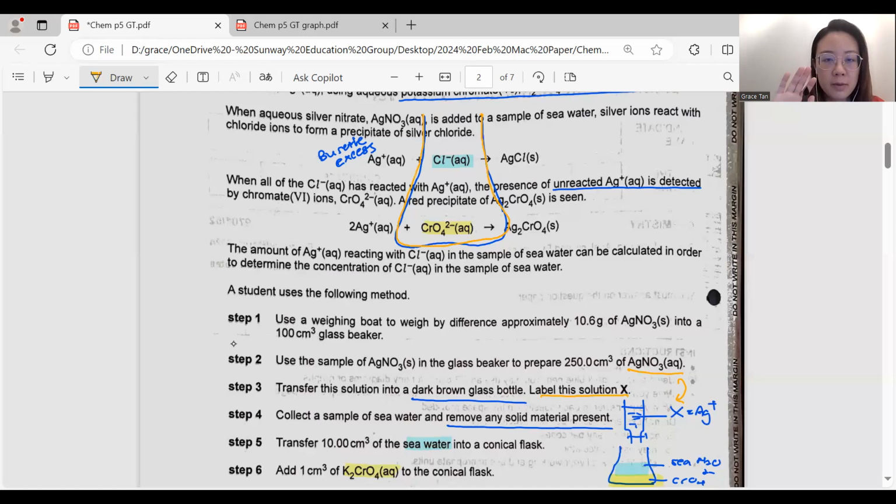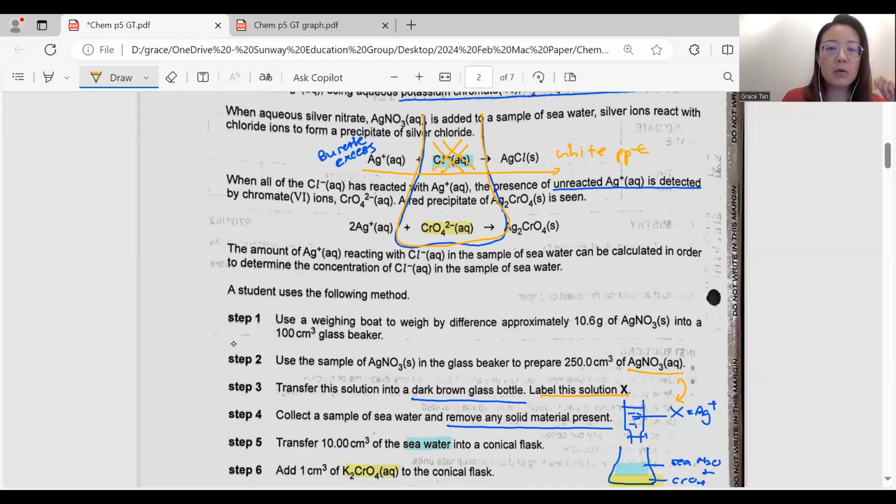Both are negative charge. The minute you start titrating with the silver ions from the burette, when it drops, the silver first will react with the chloride to form the white PPT here. The first equation will run when you start titrating. Therefore, you will see a lot of white PPT. Now, the minute chloride has been fully utilized, whatever chloride the seawater in the conical flask has, any excess silver that is being run down from the burette does not have any more chloride.